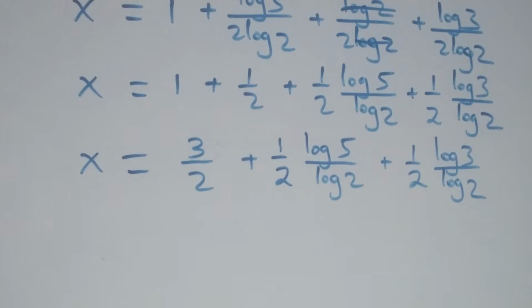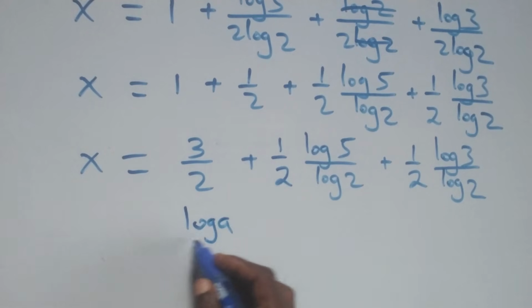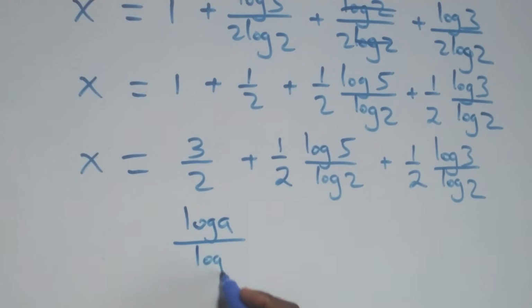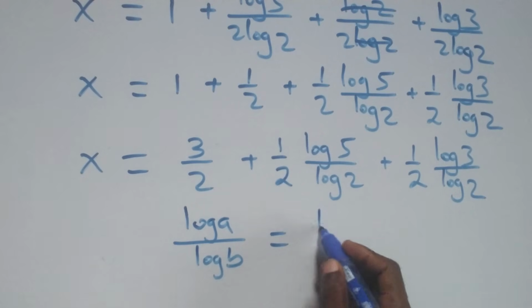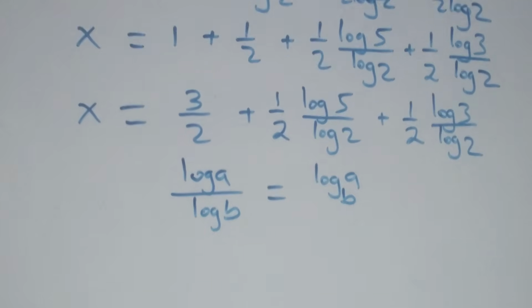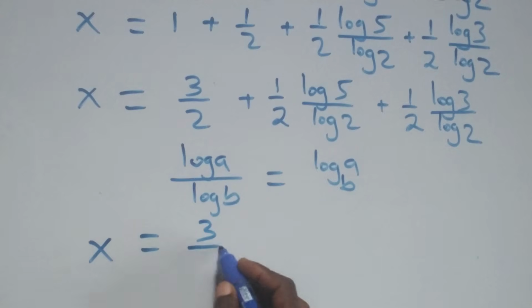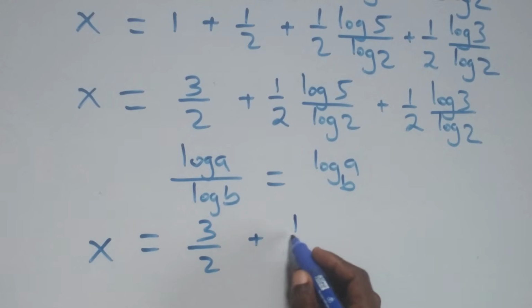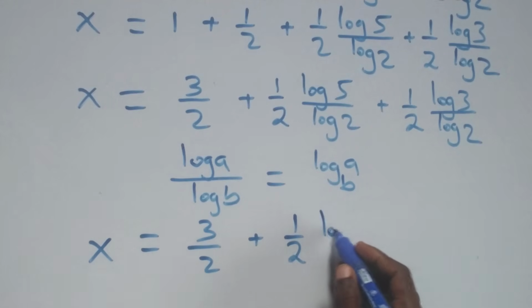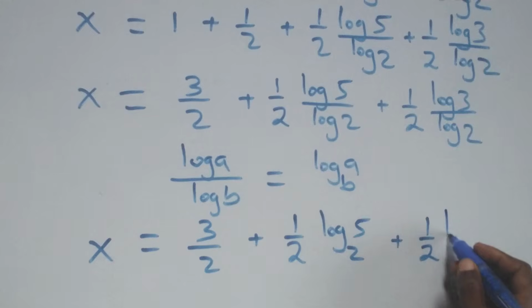Then applying change of base here, when we have log A over log B, which is the same thing as log A to base B, I write this now as x equals 3 over 2 plus 1 over 2 log 5 base 2 plus 1 over 2 log 3 base 2.